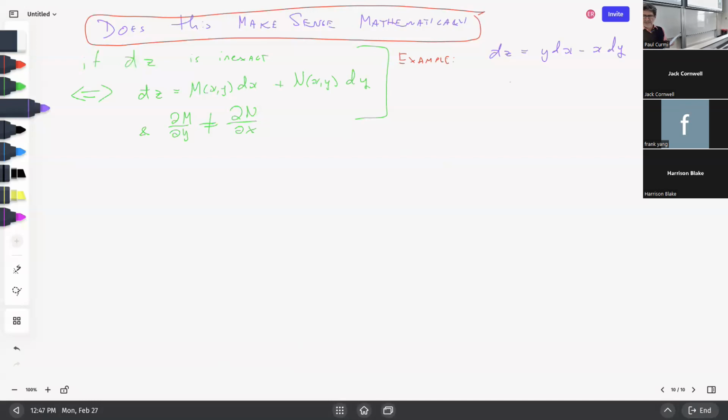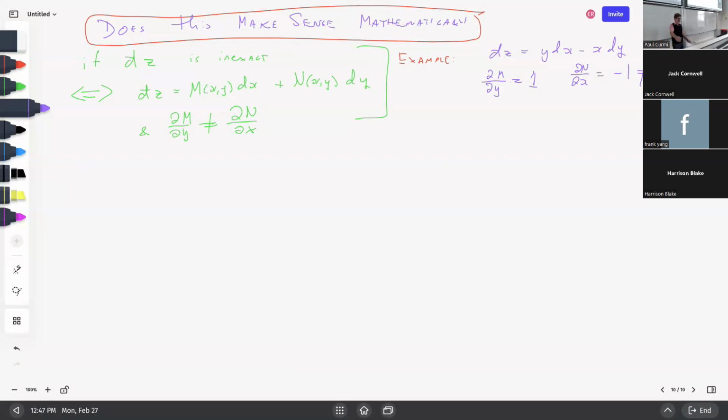Okay, and so dM/dy is equal to 1, and dN/dx equals minus 1, which is not equal to dM/dy. So it's inexact.